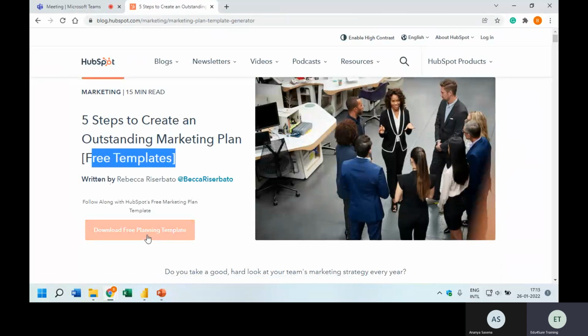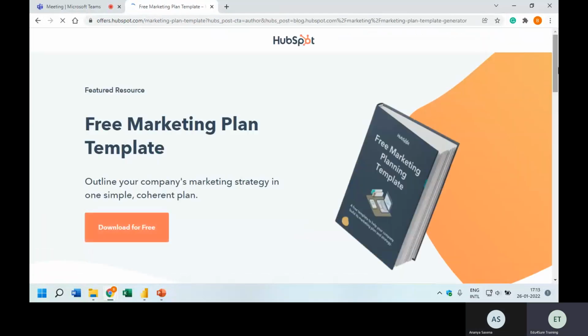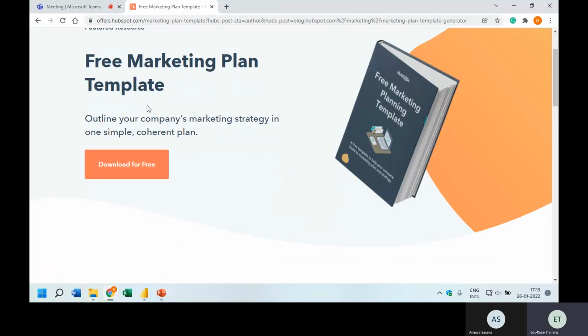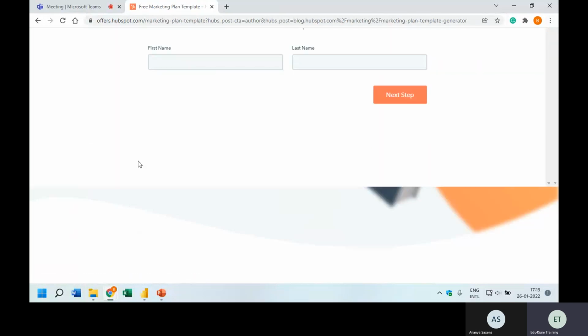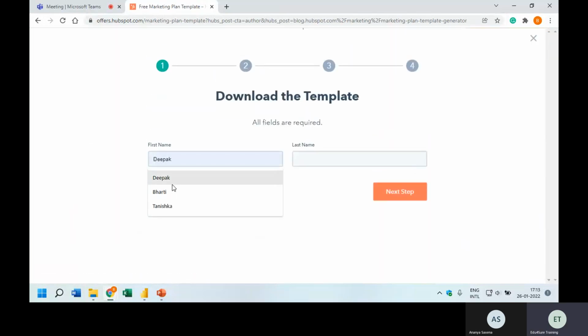They are providing a free template, download free template. If I click on download free template, it asks me for the free marketing plan template. I would be happy that I'm getting a marketing template, which is useful for me. So I will mention my name, Deepak Goyal, and the email, and in this way I will download it.